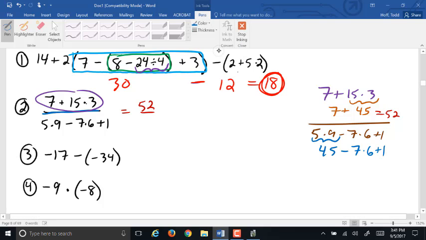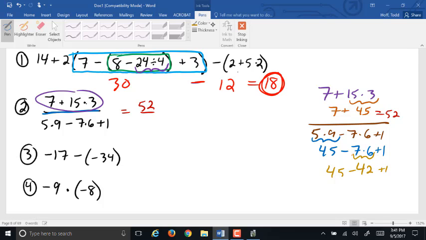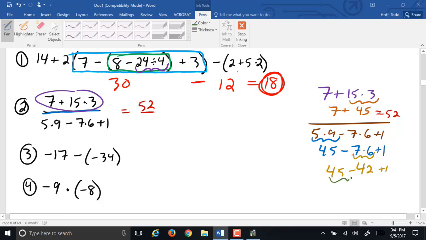Next. 7 times 6 is 42. And then 45 minus 42 is 3, and 3 plus 1 is 4. So the bottom is 4.